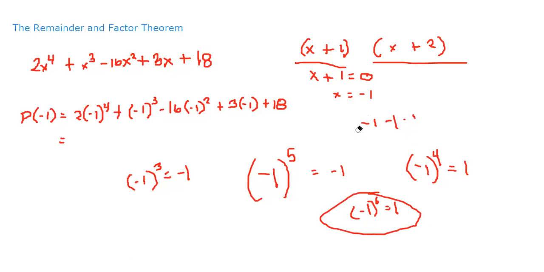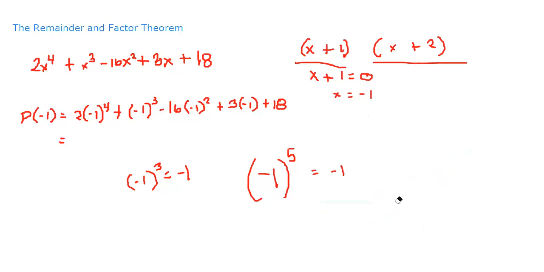Okay? Kapag ang exponent natin is even, that is positive. Kapag ang exponent natin is odd, that is negative. Okay? So, sa negative 1 lang yun. Any negative numbers pala yon.